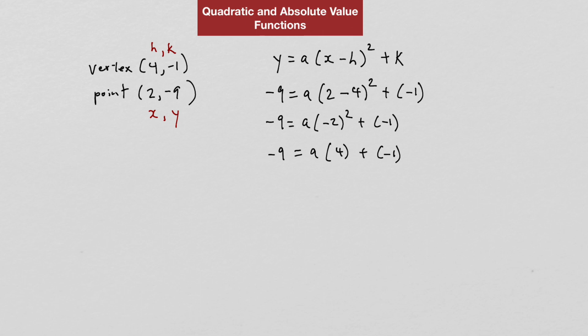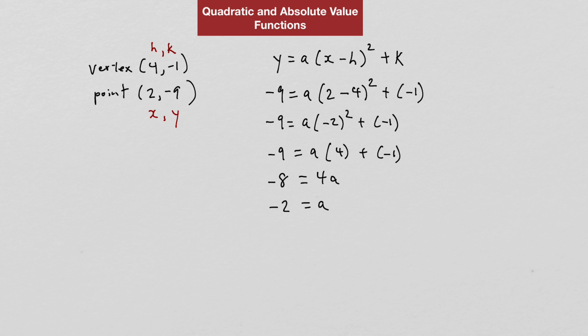And when we do, we're left with -8 is equal to 4a. Now to isolate a, we need to divide both sides by 4. And when we do that, we get -2 is equal to a.